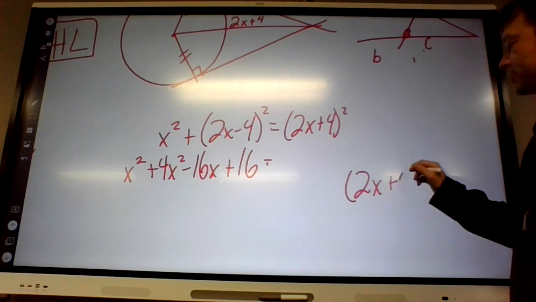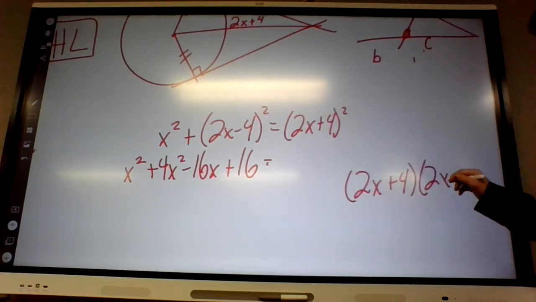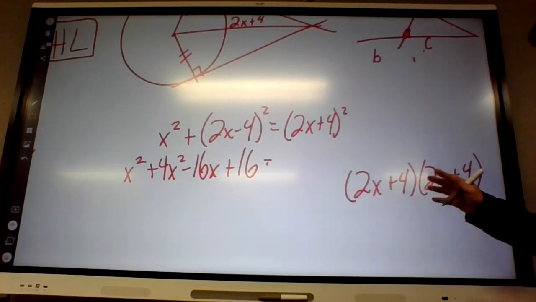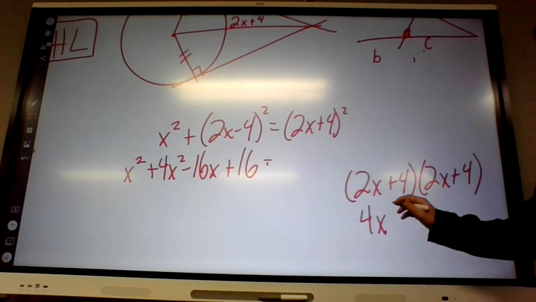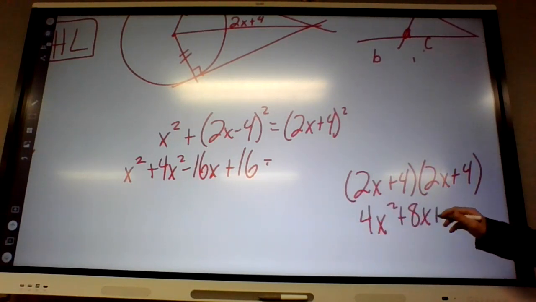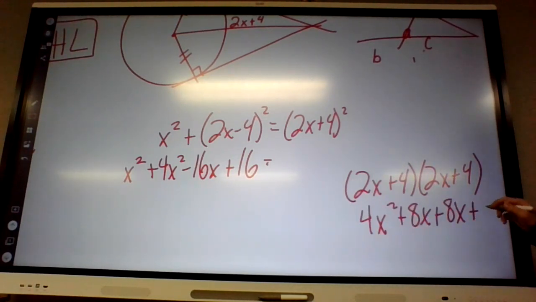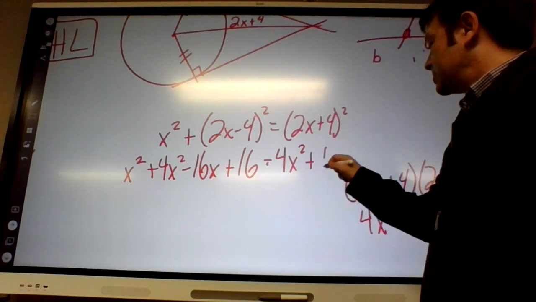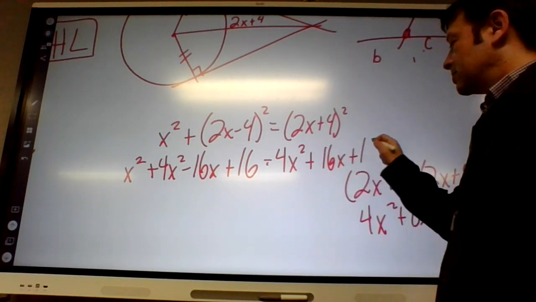This time it has a plus though. Yeah, square. All of it times itself. Since it's two terms, you just gotta make sure everything multiplies. So it's 4x squared plus, it looks a lot like the last one, except there's pluses where there were minuses. So it's 4x squared plus 16x plus 16.